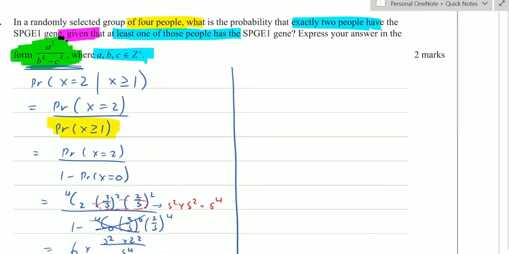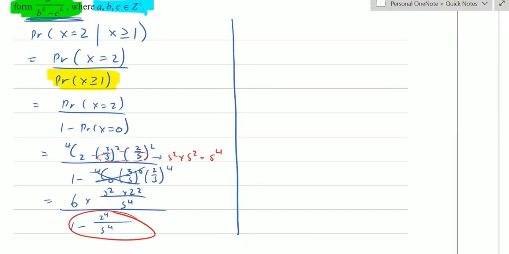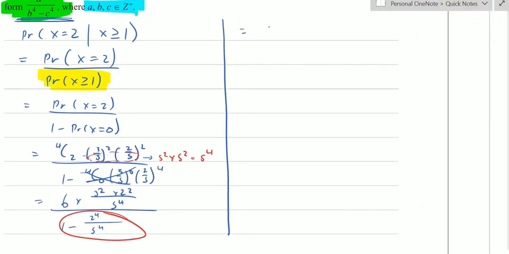So you would do 6 times 3 squared times 2 squared on 5 squared. So that's the numerator for this part, and divided by the denominator, so that's 1 minus 2 to the power 4 on 5 to the 4.